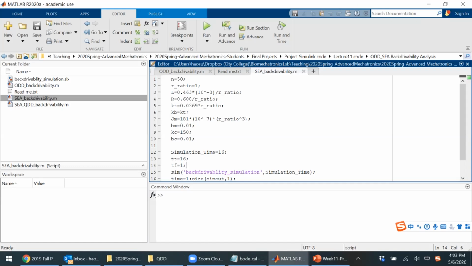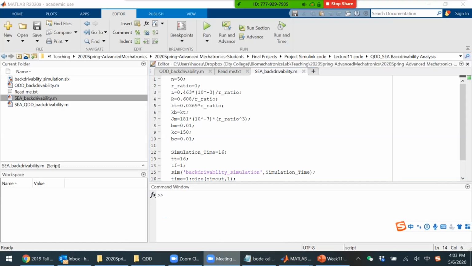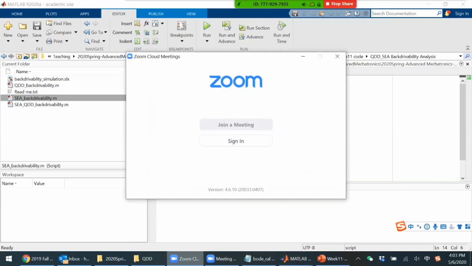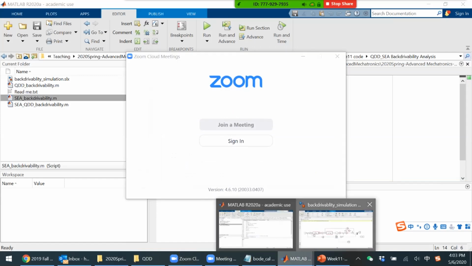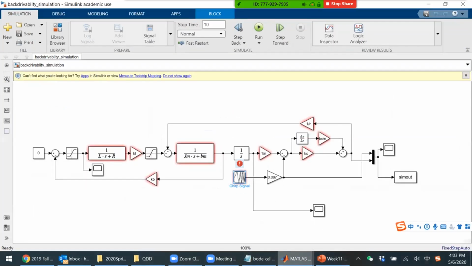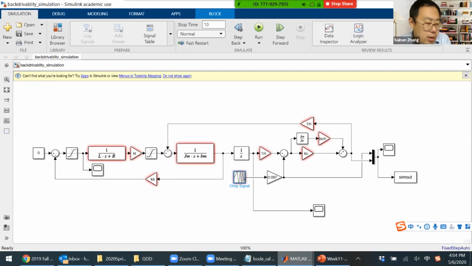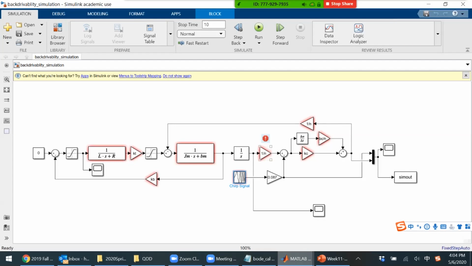Professor, for the chirp function, the input signal, I think it's 0 to 300 Hertz. Say that again, I can't hear you very well. To change the parameters, to tune the value of the input function, the reference signal of the chirp function.